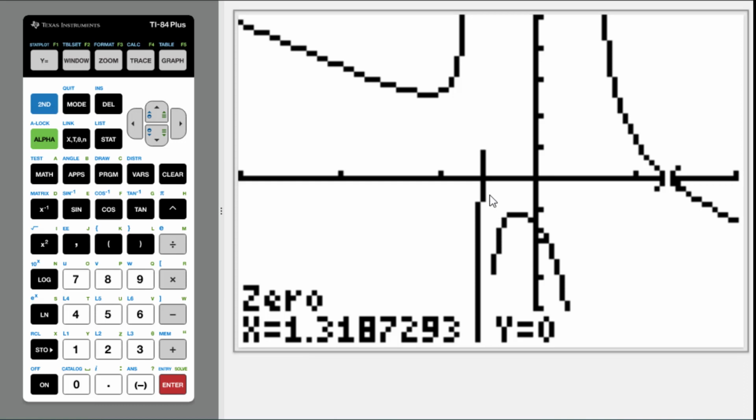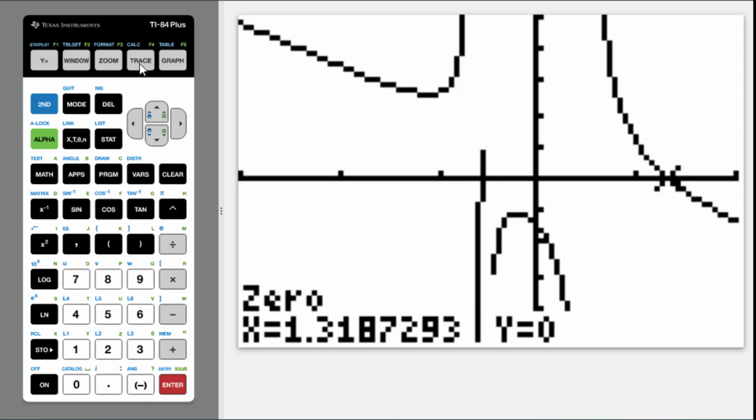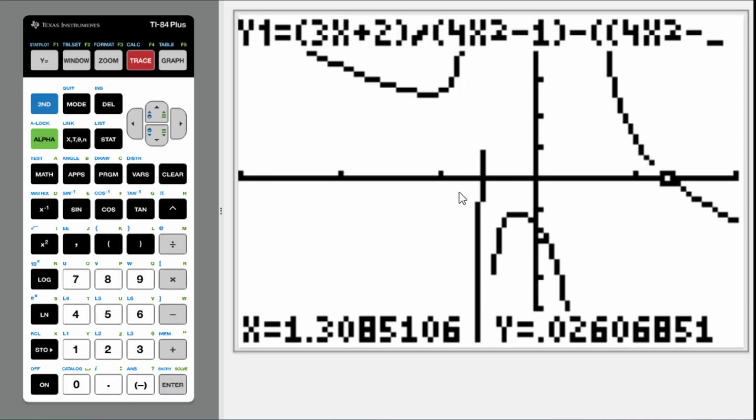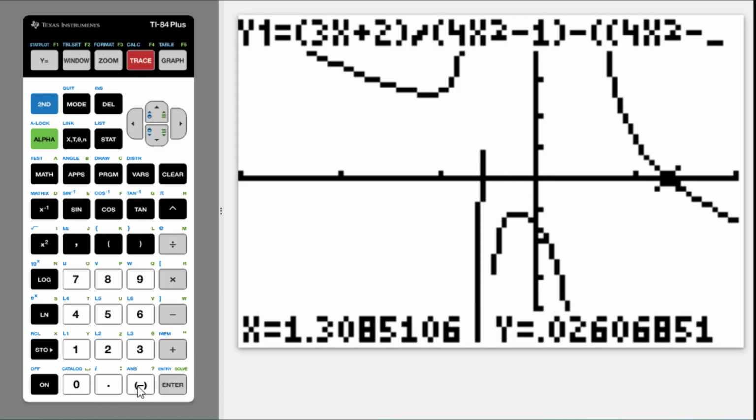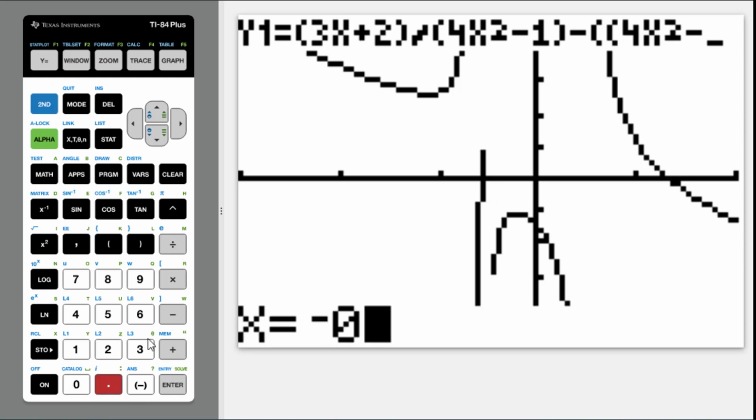And let's try to figure out this root. We know there is a vertical asymptote line at negative 1 over 2, and another vertical asymptote line at negative 2 over 3. So press trace first.